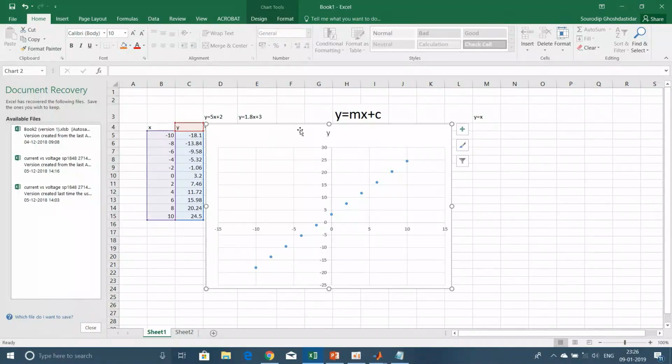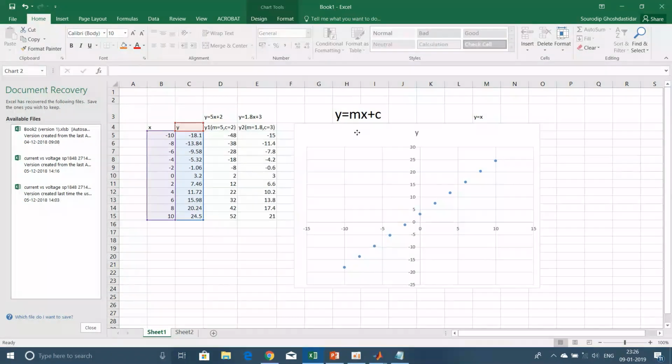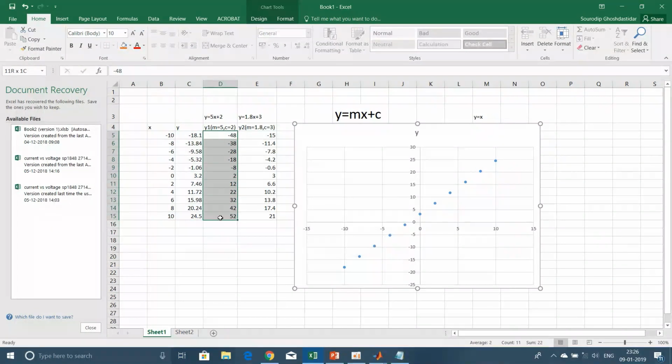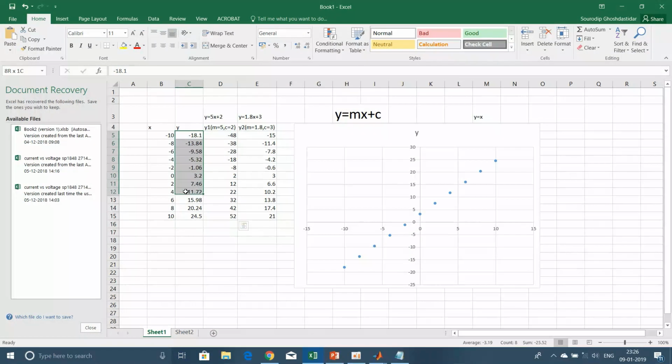For example, if m is equal to 5 and c is equal to 2, we would get y values like this, which is quite different from the y values of the original experiment. So for x is equal to -10, the experiment has a value of -18.1.